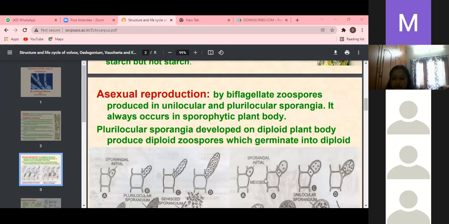Okay. Sporophytic is always the 2x stage. Gametophytic is always the x stage. Some species of Ectocarpus are sporophytes and some are gametophytes. Where the sporophytic stage is there, what type of reproduction is there?